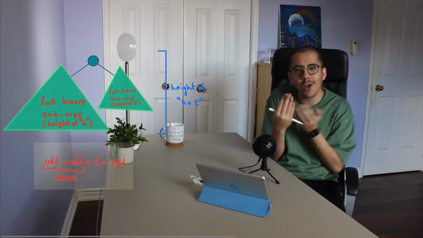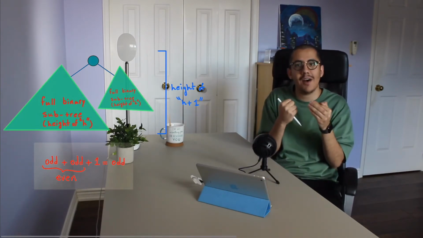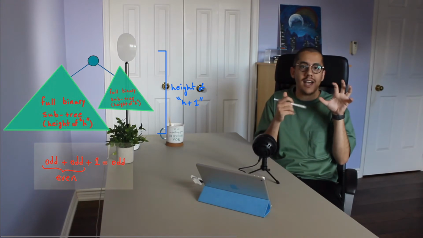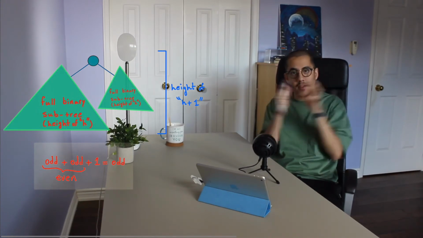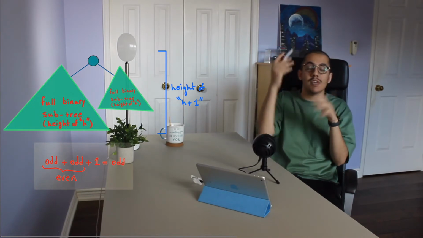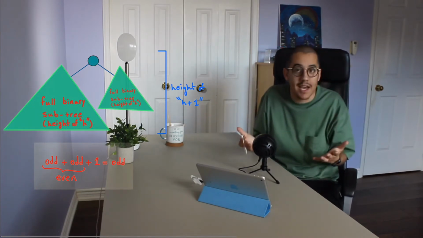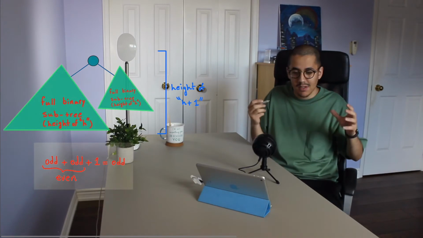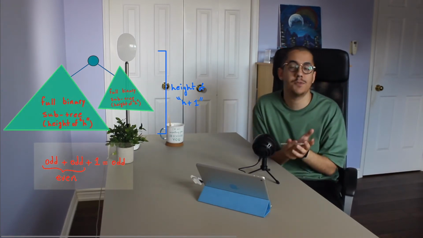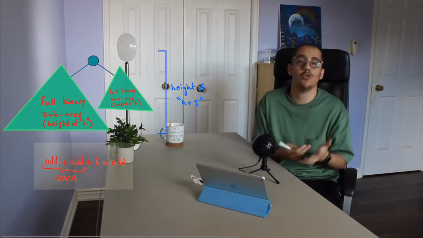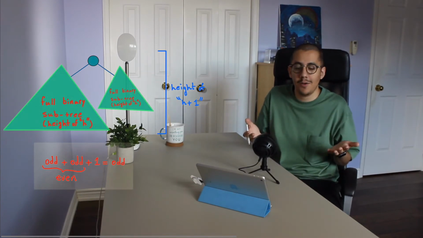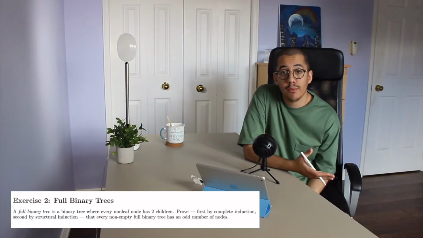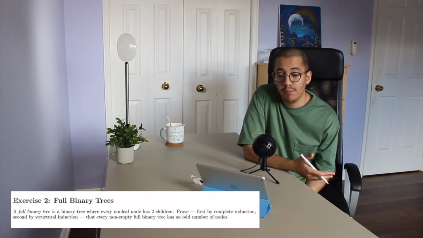We just talked about how if the left child has a height of h, and the right child has a height of h, and this is odd, and this is odd, even, plus the root is, again, odd. We just proved that our h plus 1 case is also going to be odd, and therefore we just proved this question. Well, that was the proof with complete induction.